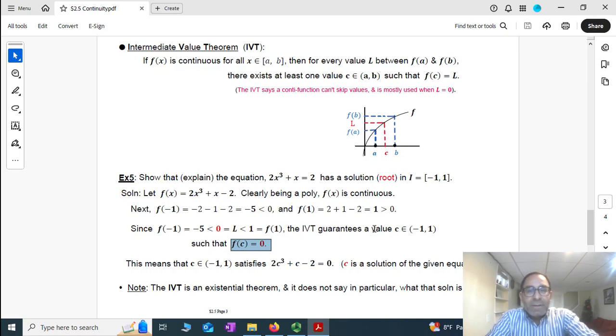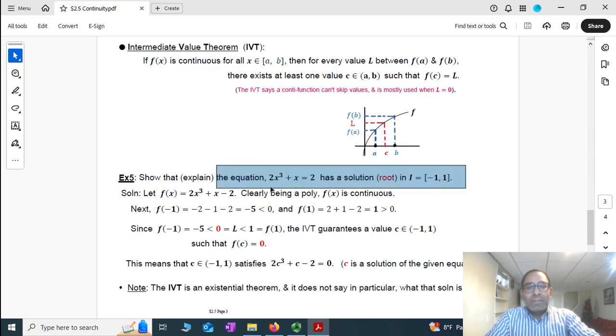So this means that c in the interval (-1, 1) satisfies the equation 2c cubed plus c minus 2 equals 0. That is, c is a solution of the given equation. So we found at least one solution of the given equation 2x cubed plus x equals 2 in the interval.